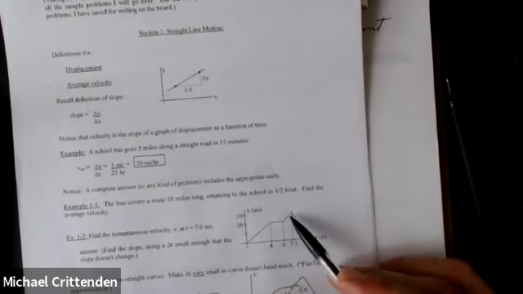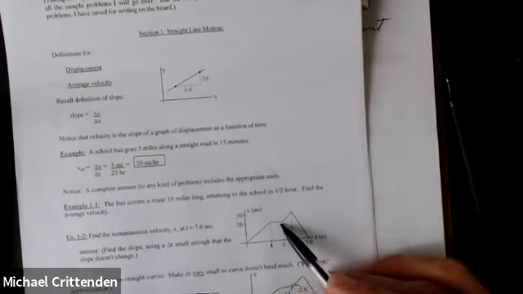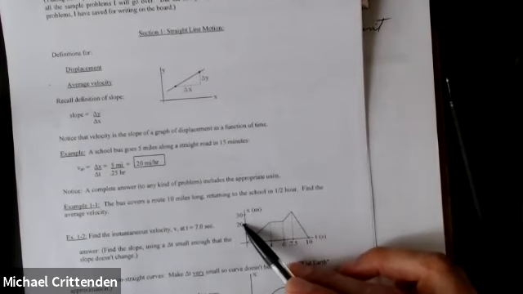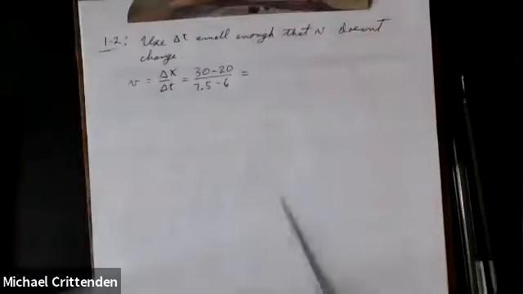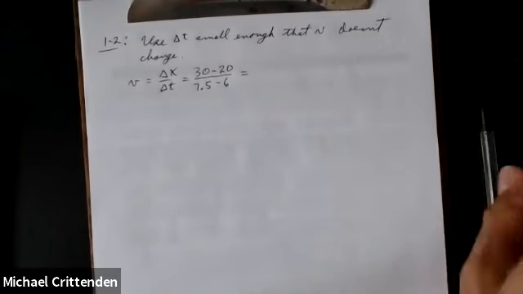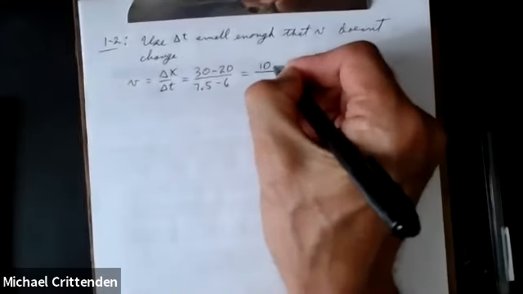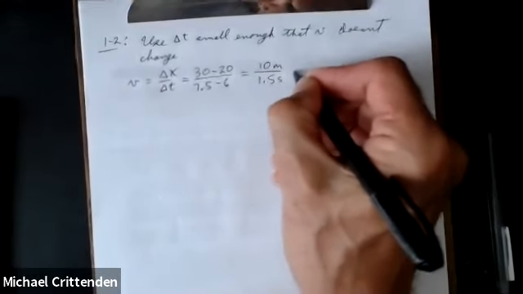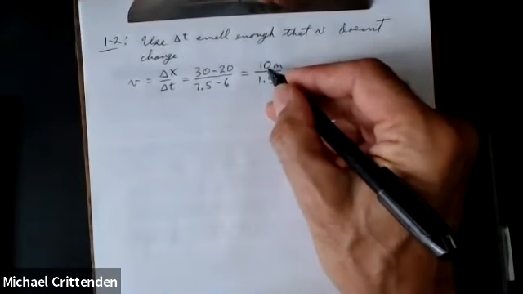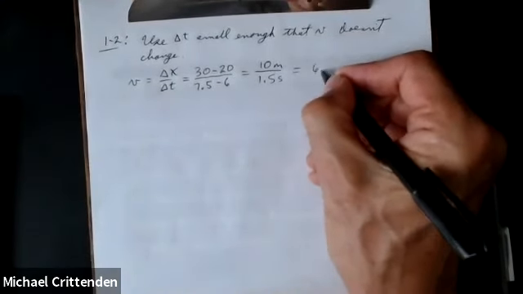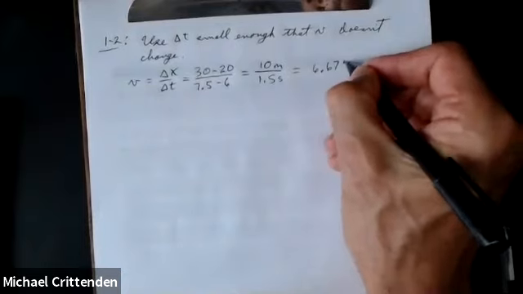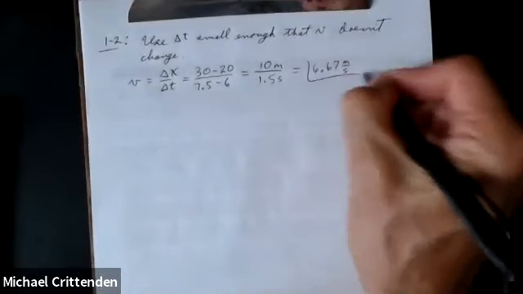At t equals 7.5, it's at x equals 30. And for initial values, at t equals 6, it's located at x equals 20. So you fill those in. 30 minus 20 is 10 meters. That minus that is 1.5 seconds. And 10 divided by 1.5 gives you 6.67. As for the units, meters divided by seconds gives you, you'll never guess, meters per second.